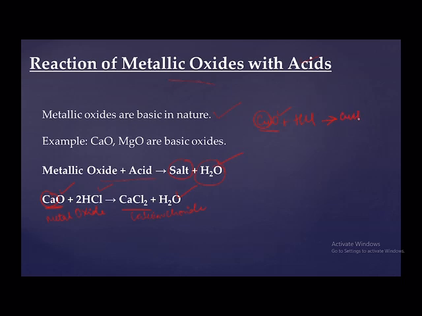The copper chloride formed is the salt, and the remaining product is the water molecule. I can balance this: 2 HCl, 2 hydrogen, 1 oxygen, and the remaining is copper chloride, which is formed. This is how the metallic oxide reacts with acids.